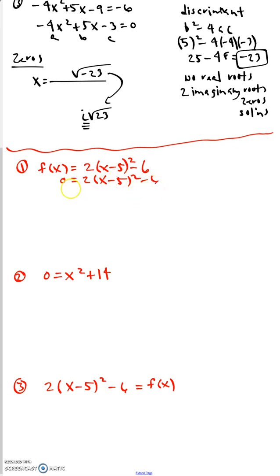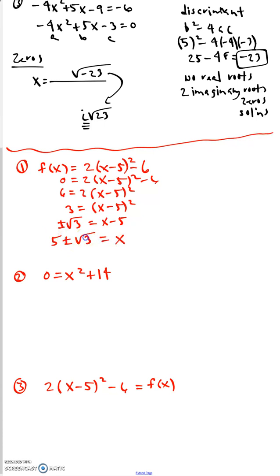We'll bring 6 over to the other side, so 6 equals 2 times x minus 5 squared. Divide each side by 2, so 3 equals x minus 5 squared. Take the square root of each side, plus or minus square root of 3 equals x minus 5, and then we'll finally add the 5 over.